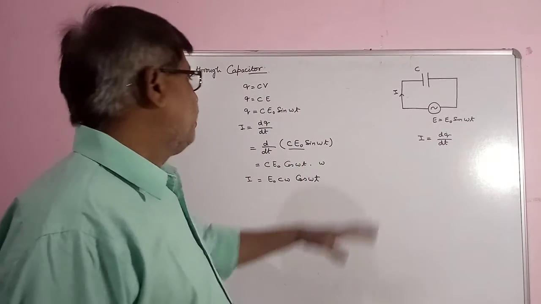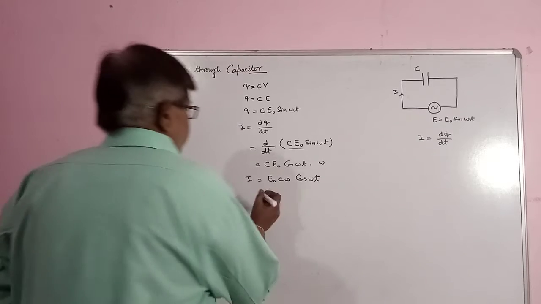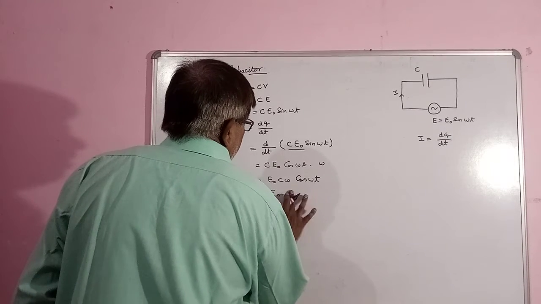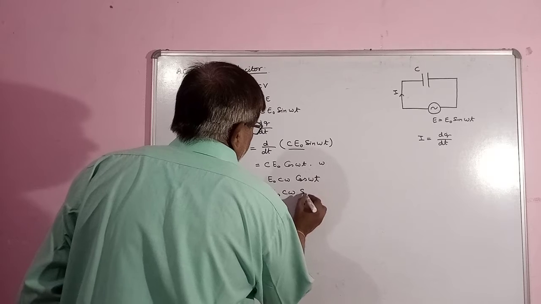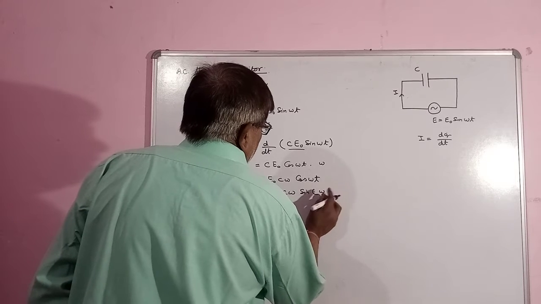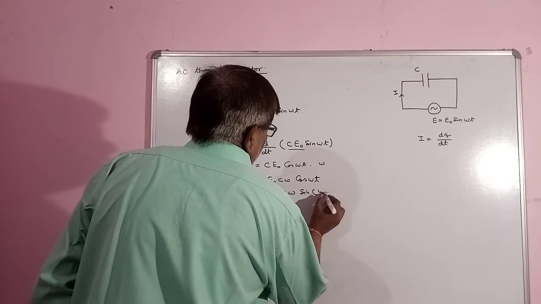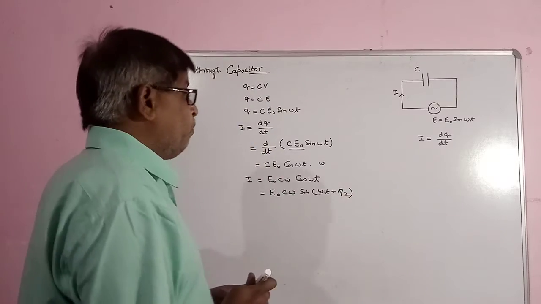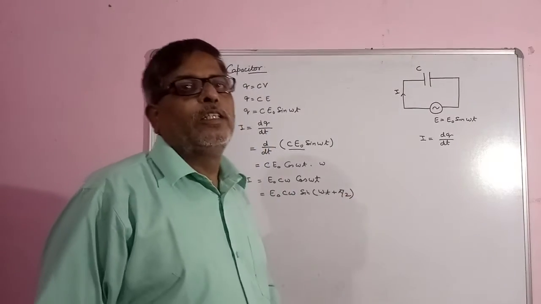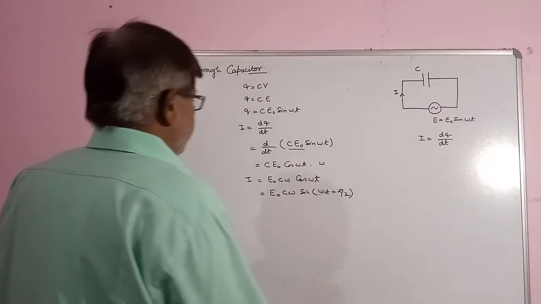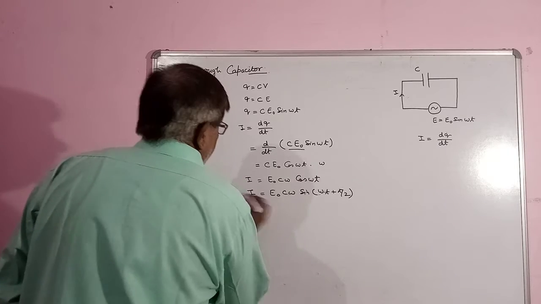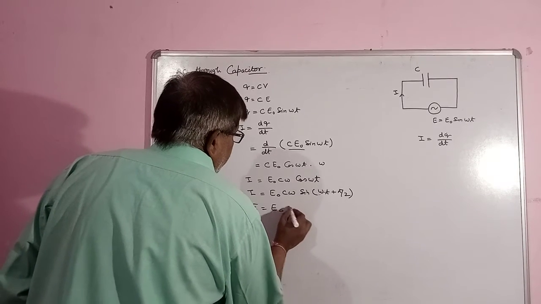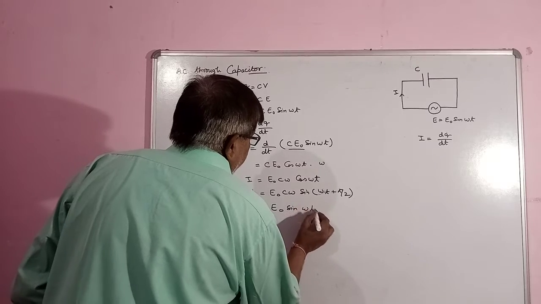So when we change this, we can write sin of omega t plus pi by 2. This is the equation of I, and this is the equation E naught sin omega t.